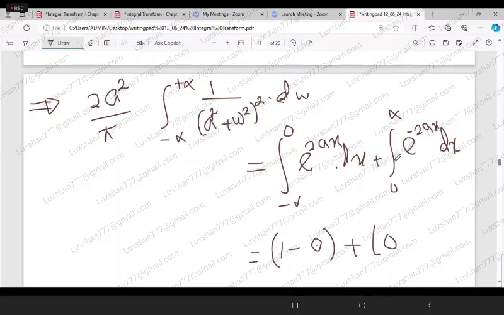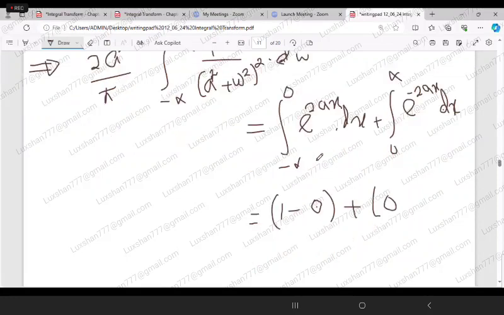And here, 0 to infinity minus 2ax. So when I put 0, I get 1, minus, when I put infinity, that is 0. That's correct.